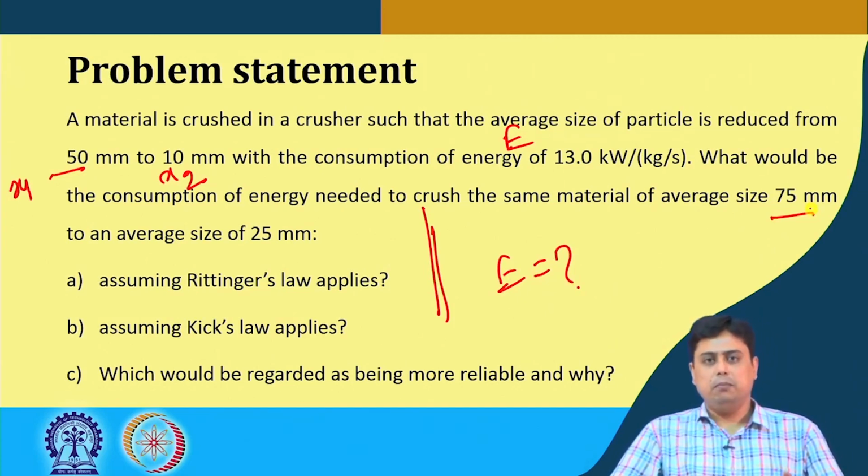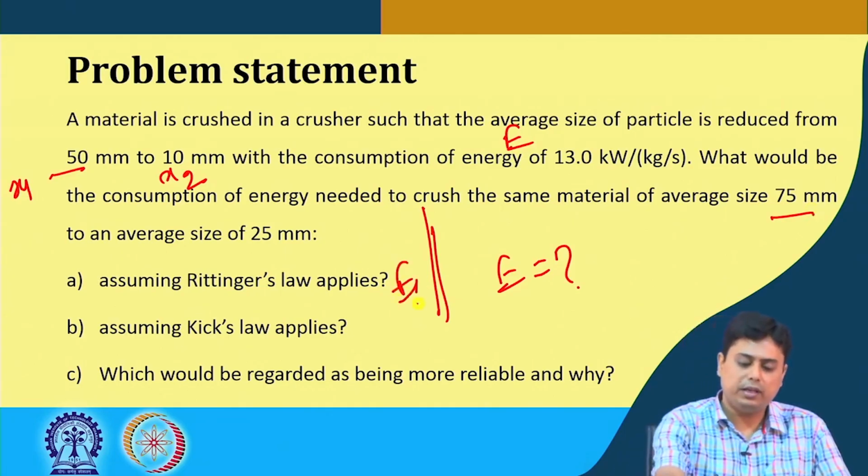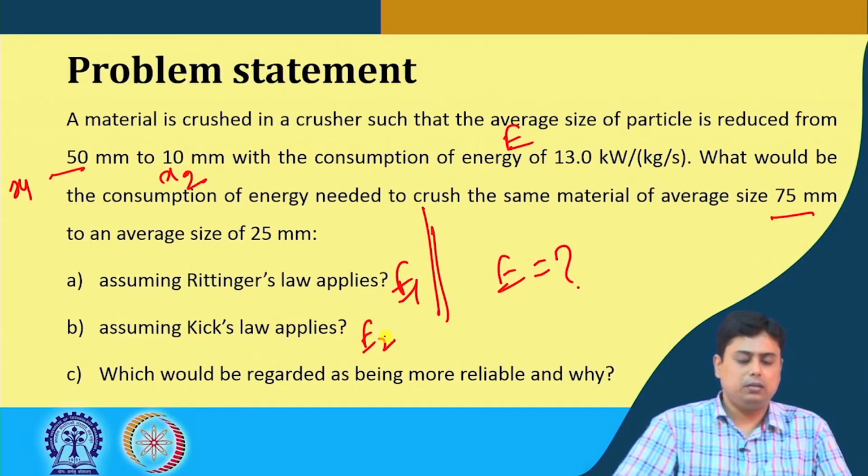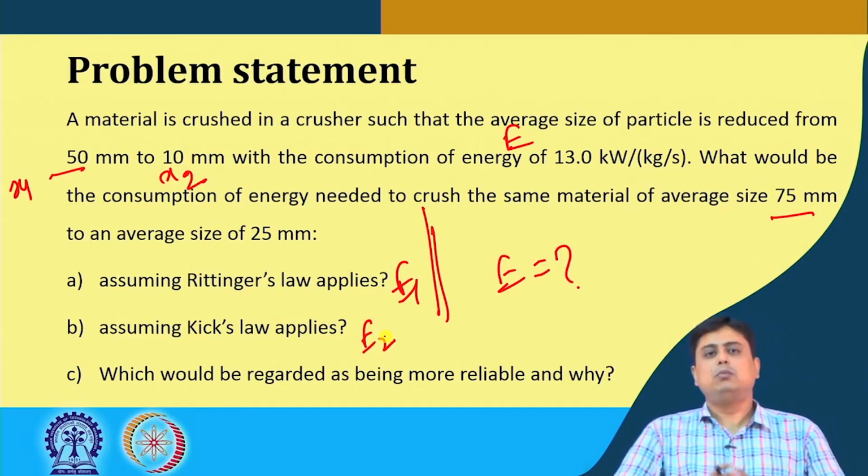We have to apply both laws, that is Rittinger's law and Kick's law. And the last part is which should be regarded as being more reliable and why. We have to provide an explanation for that. We will get one E1 from part A and E2 from part B, and which one is more reliable for the design.